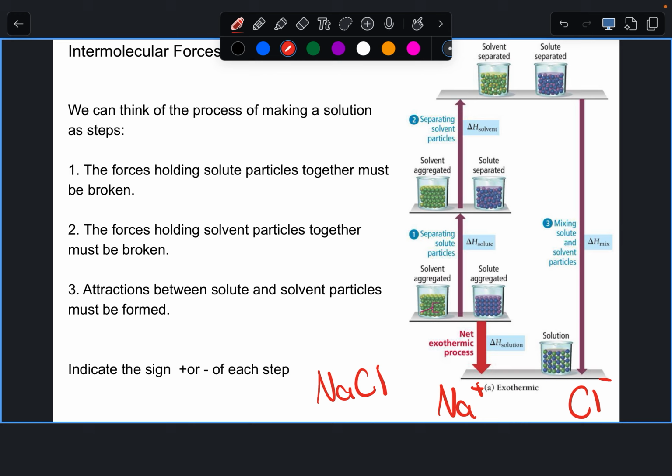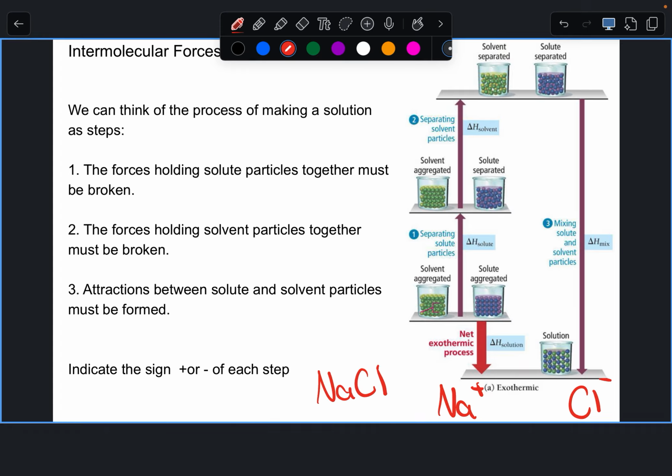So they're not interacting with each other anymore. We're breaking that interaction. Now, if we were to do this not in the presence of water, it's going to be really, really hard. This is basically melting salt, which would require probably 1 to 2,000 degrees Celsius. So it's a lot of energy to break those apart.